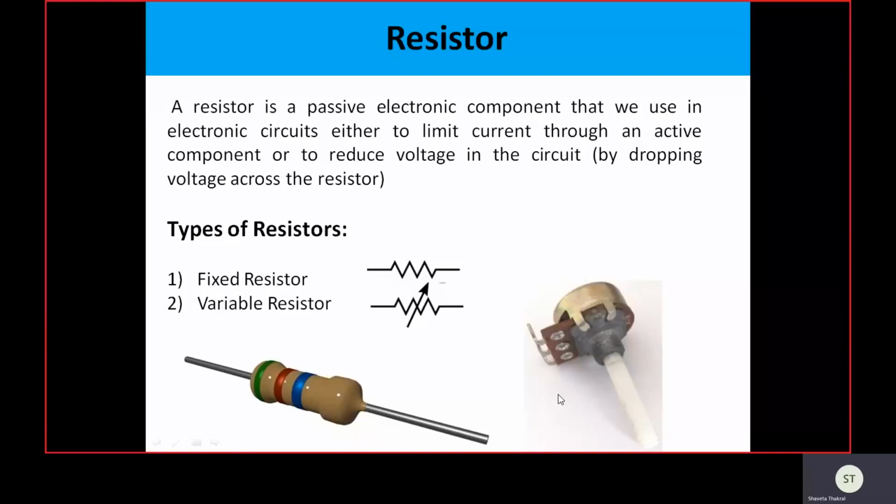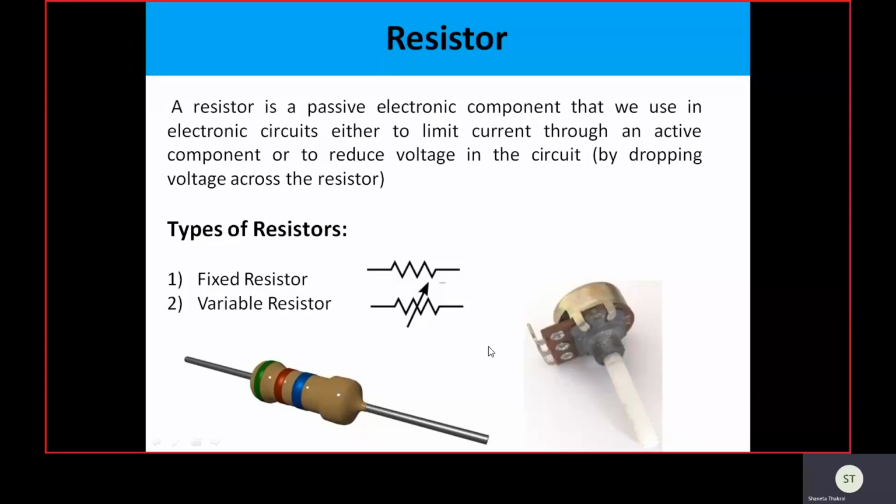A variable resistor provides a range of resistance values, and we can vary the value of resistance with the help of this potentiometer, also called a pot meter or simply a pot, or sometimes we can also use the rheostat.